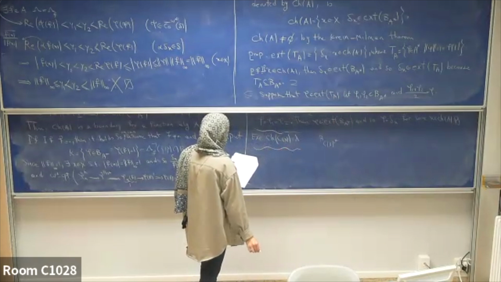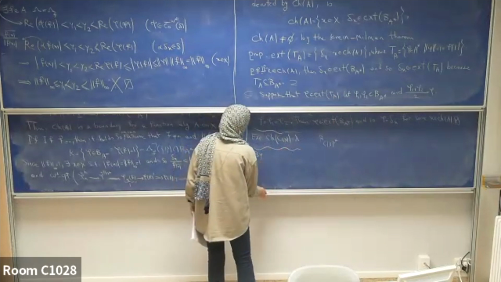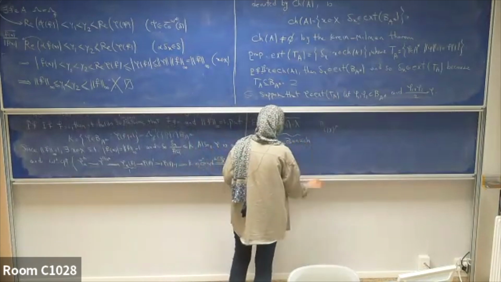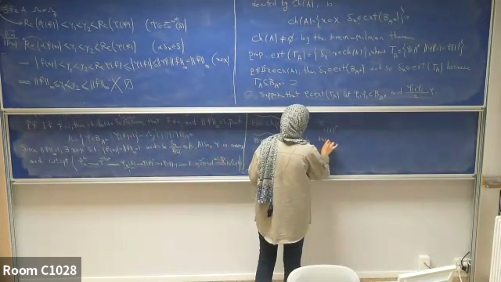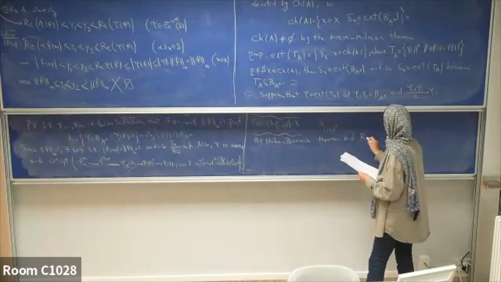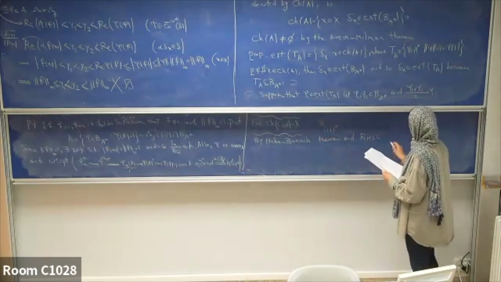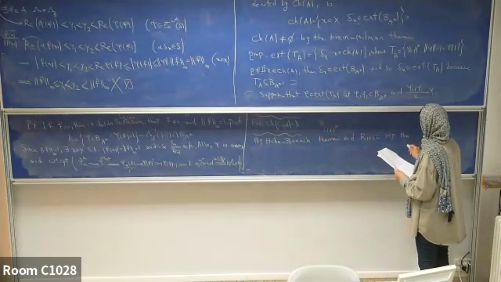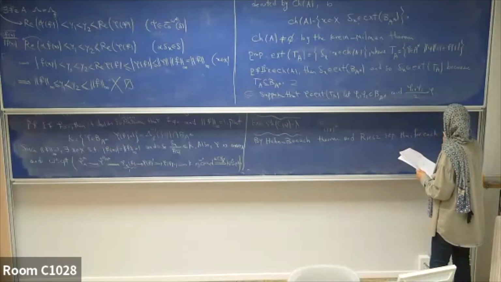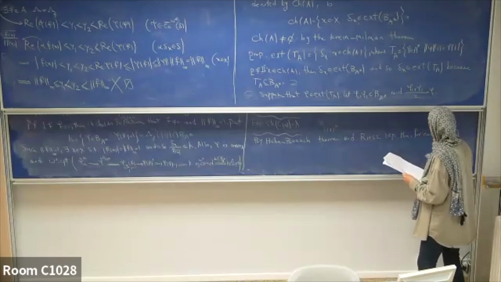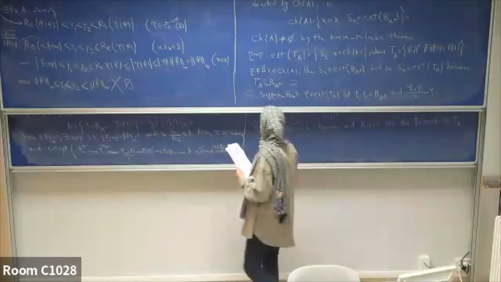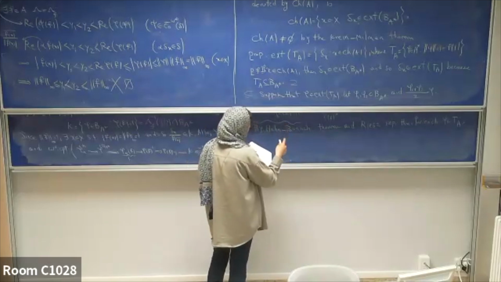After this definition, by the Hahn-Banach theorem, and of course the Riesz representation theorem, for each phi in T of A, of course for each phi in A star, but we consider T of A because of the definition of the Choquet boundary.